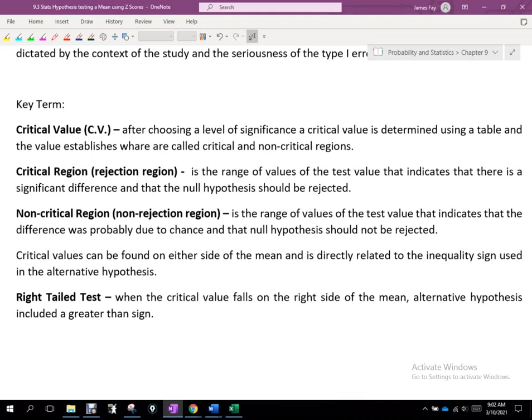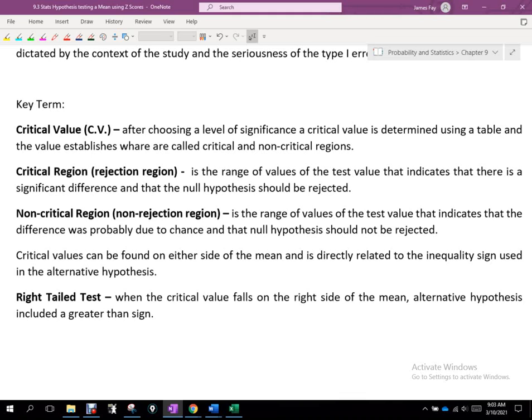If that sample mean deviates enough, then we can reject the null hypothesis. If it doesn't differ enough, then we would fail to reject the null hypothesis. But that difference that exists, if we fail to reject, just happened because of chance, because of the individuals or components that were chosen in that sample.